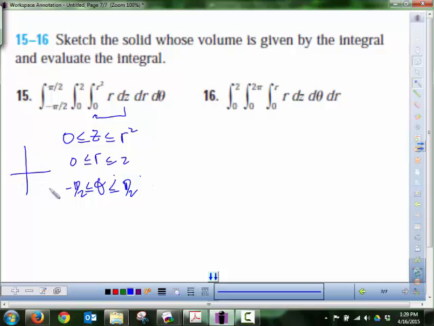So what you could do to describe this is go back to 2 dimensions on the xy plane and imagine how this r and theta combo will look like. So the r and theta combo would be r is equal to 2, and then you're going to start at negative pi over 2 and end at positive pi over 2.